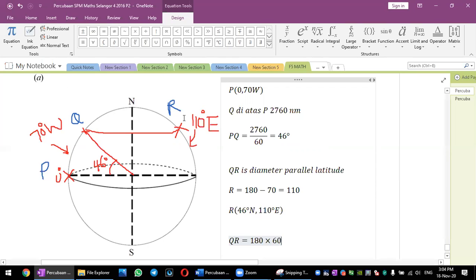Why? Because they have a latitude which is 46 degree above the equator. Ingat, kena tengok dia punya latitude. Latitude 46. So you need to cos 46. 180 times 60 cos 46.